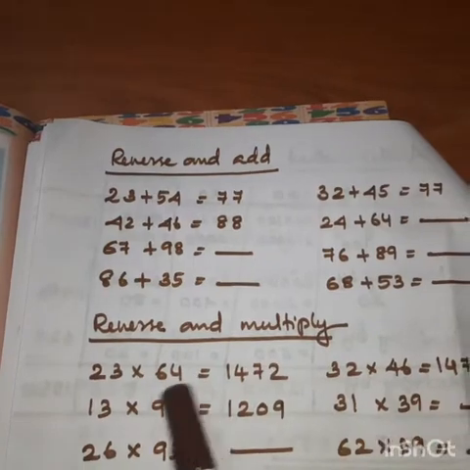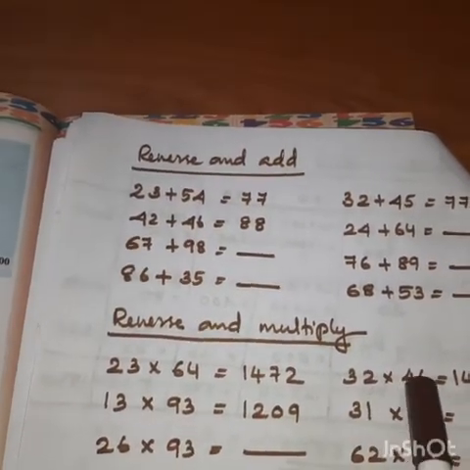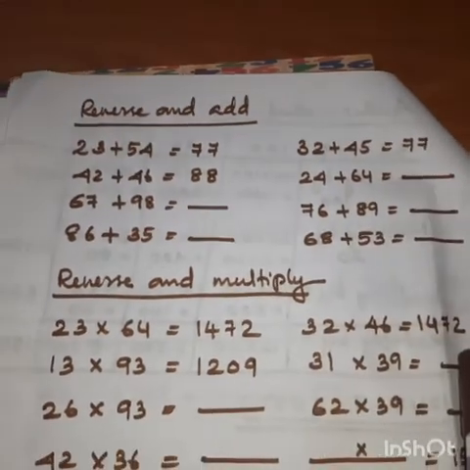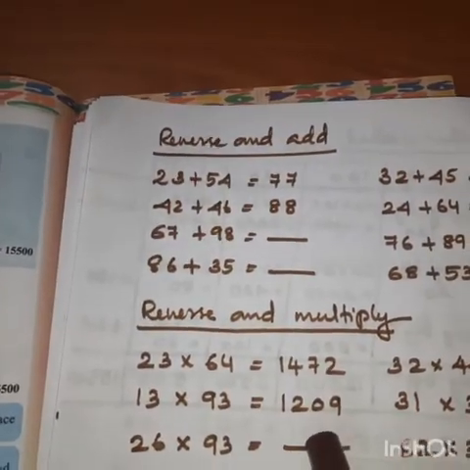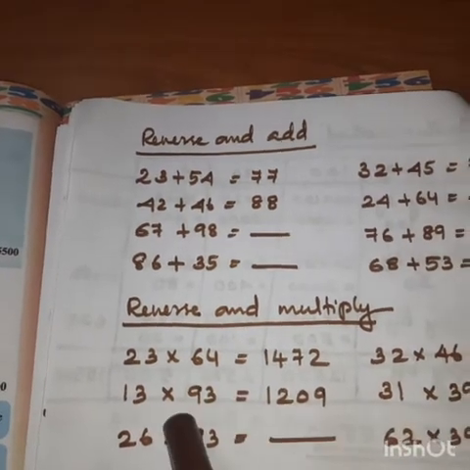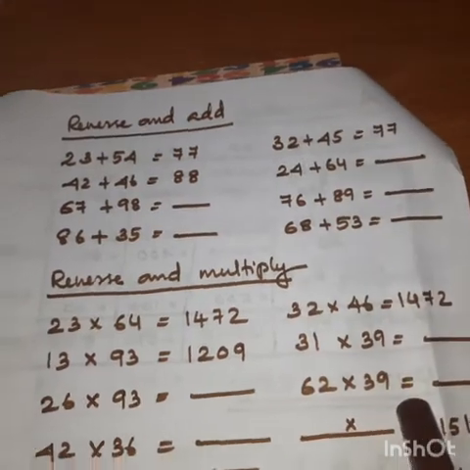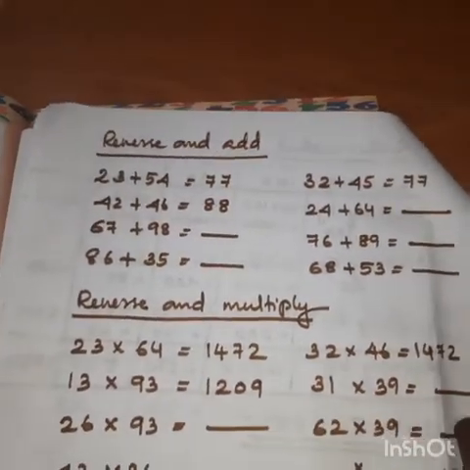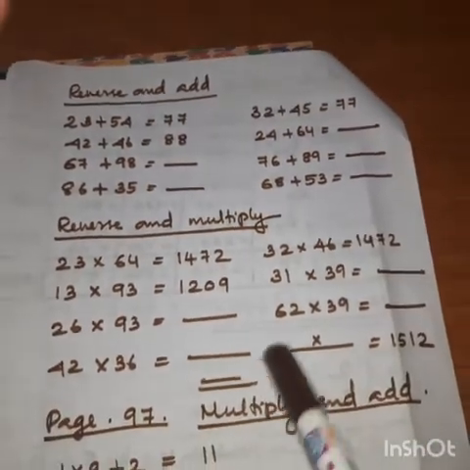Then reversing these numbers, 23 as 32 and 64 as 46, we get the same product. Like this, 13 into 93, 1,209. Reversing the numbers, 31 into 39, we get the same number. Write it here and complete these two.